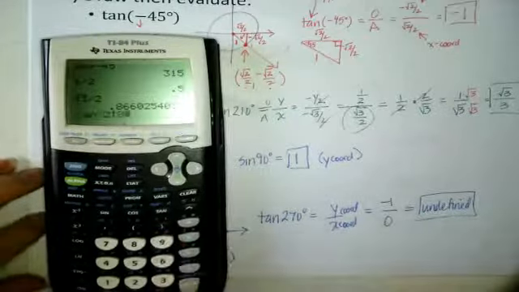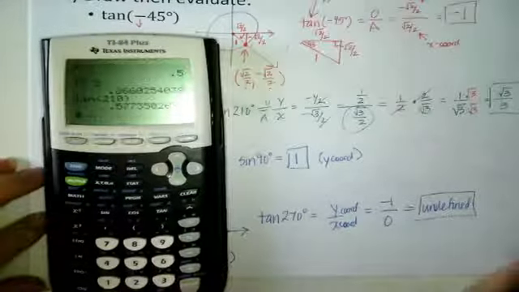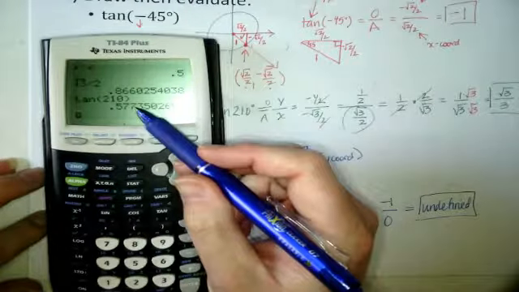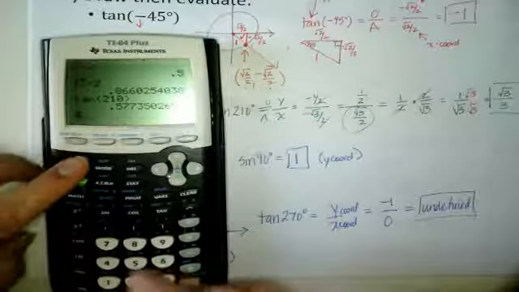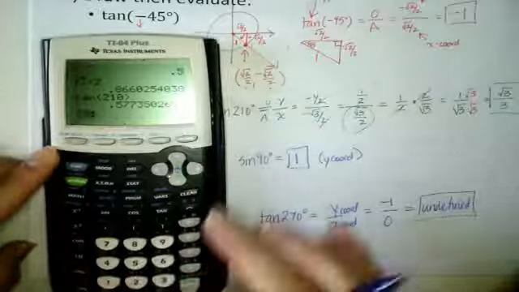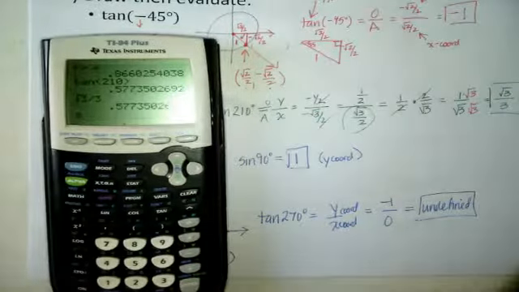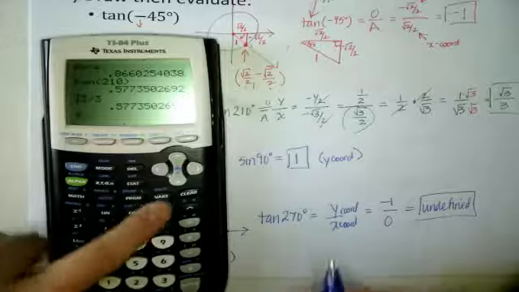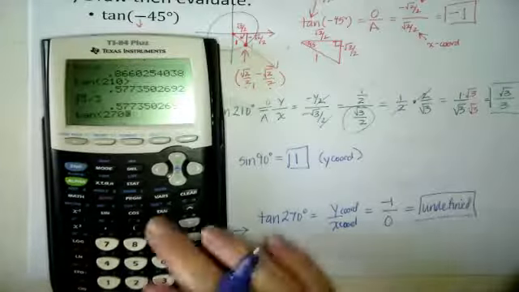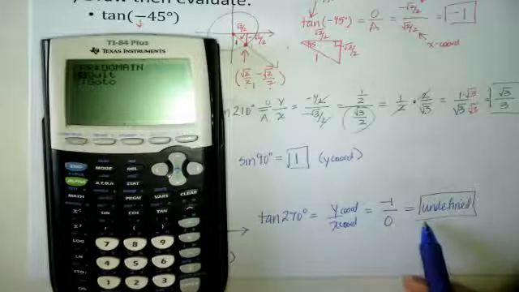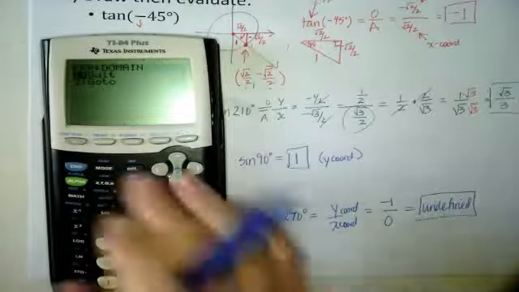Tangent of 210 is 0.577. You could never give Delta Math that answer, but you can double check your answer. Radical 3 divided by 3 is the same thing. So you can absolutely do that. You can also try the tangent of 270 degrees. It's a domain error, not possible, all right? It's undefined. So we can't do that.